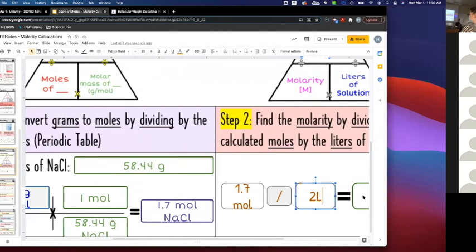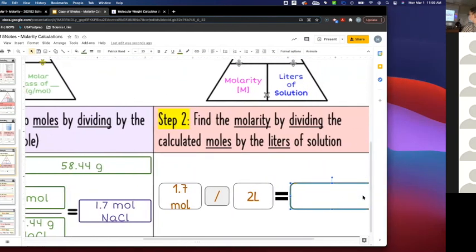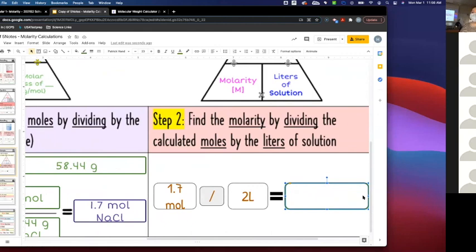In this box here, 1.7 divided by 2, you should have gotten 0.85 capital M.